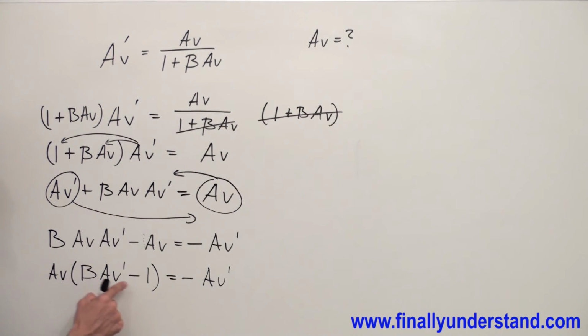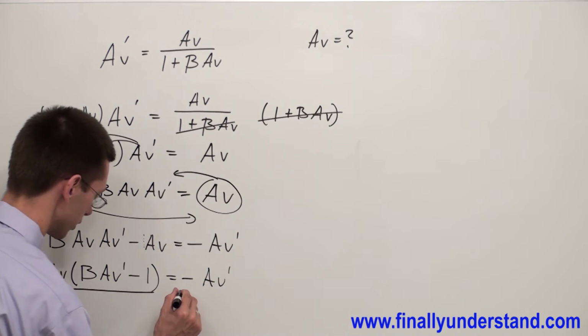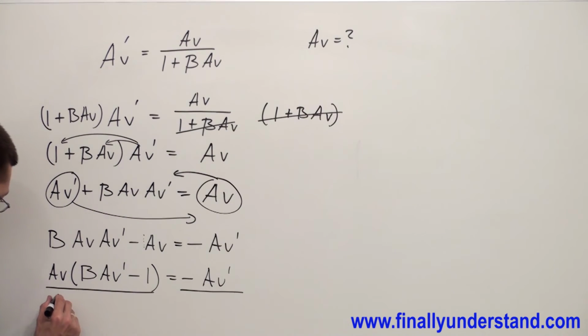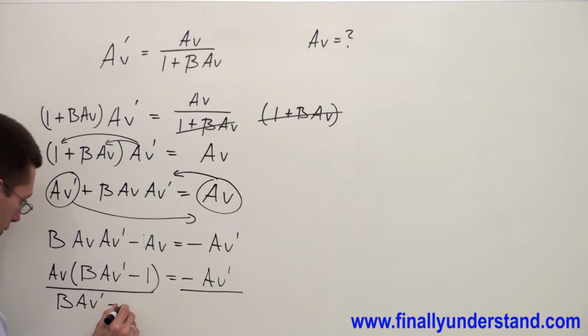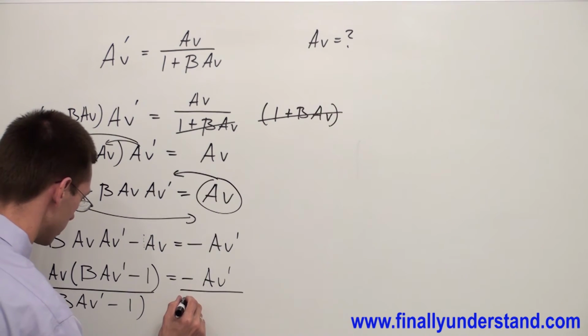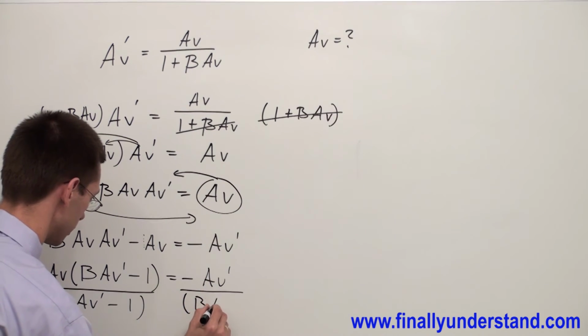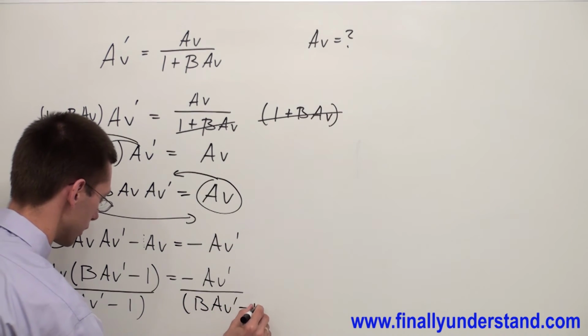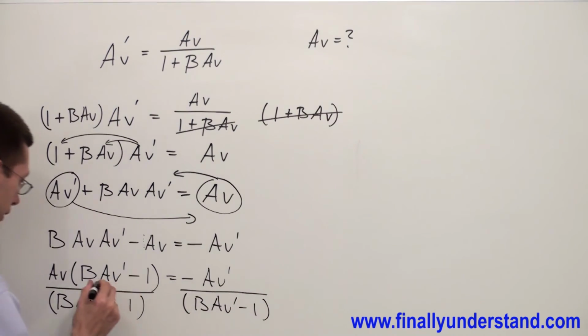I'm looking for AV. AV is multiplied by the parentheses. I do not want to have parentheses next to AV. That's why I'm going to divide both sides of the equation by the parentheses. That's why I'm going to have beta AV prime minus 1 over here, and I'm going to have also beta AV prime minus 1 over here.